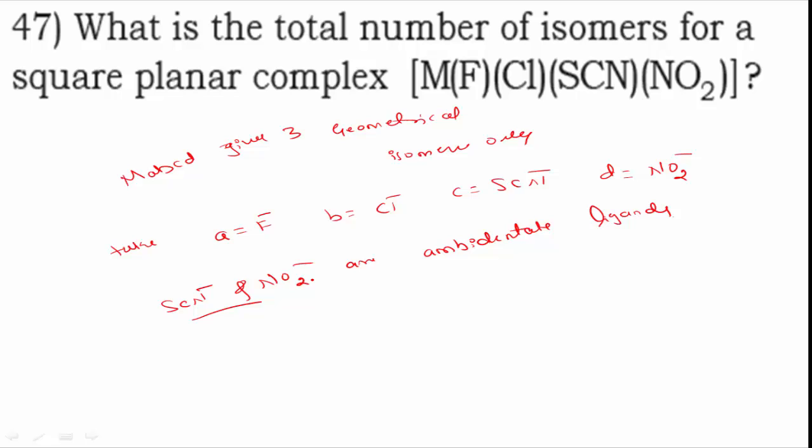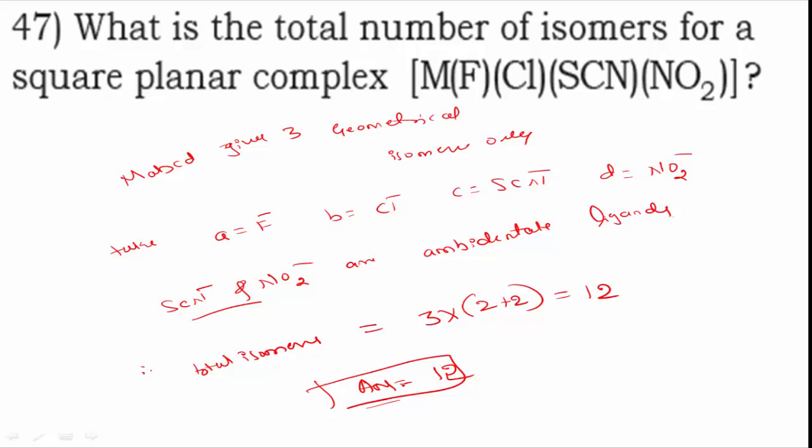Considering both linkage and geometrical isomerism here, the total number of possible isomers in the complex is 3 into 2 plus 2 equal to 12. Therefore, the correct answer for this question is 12.